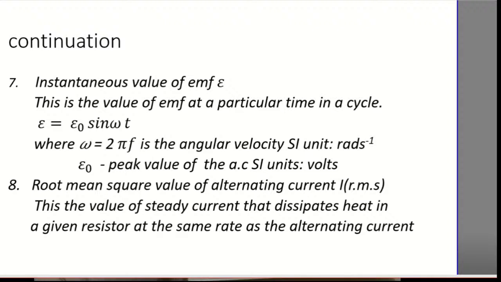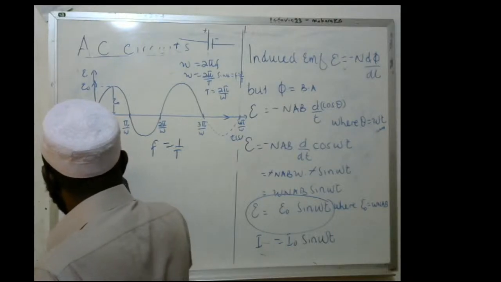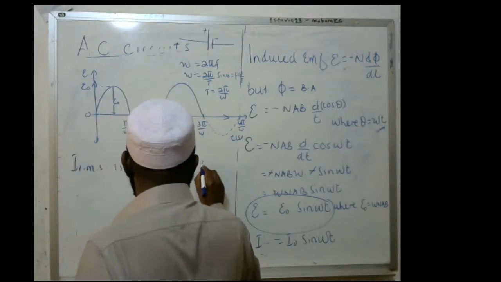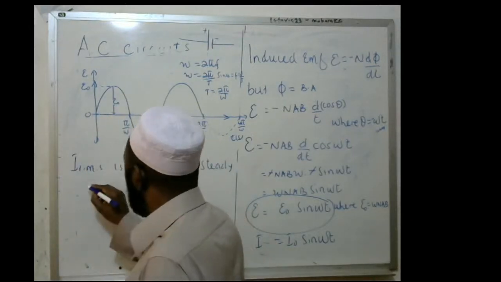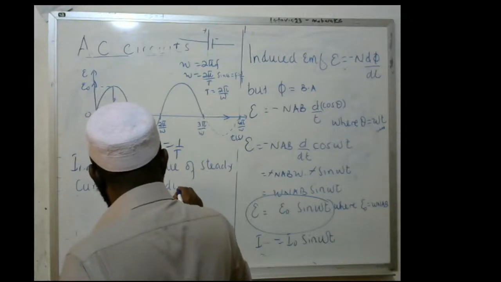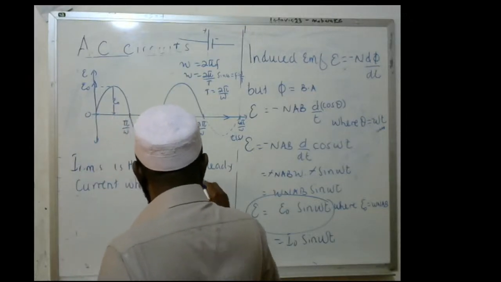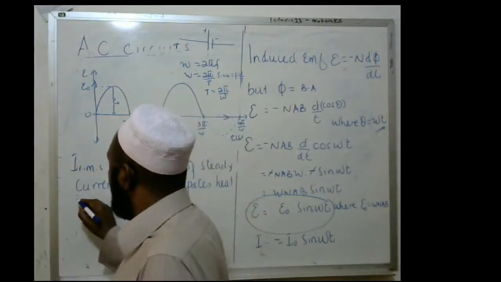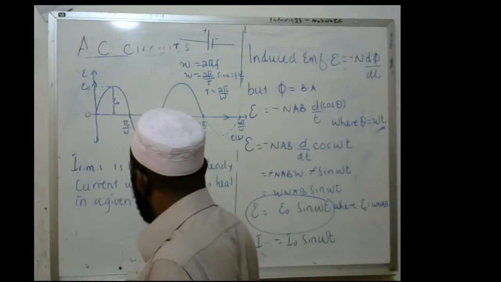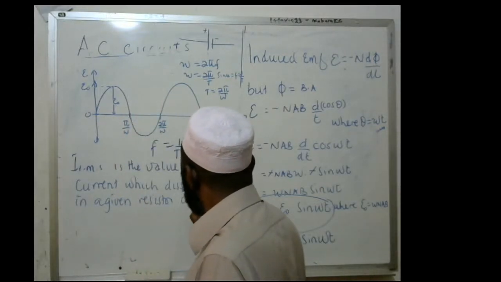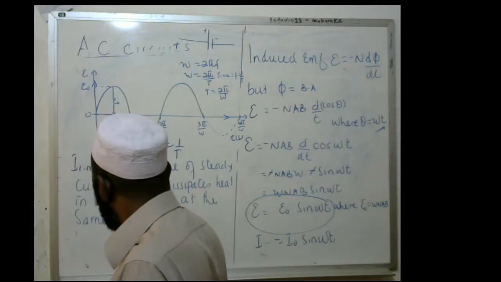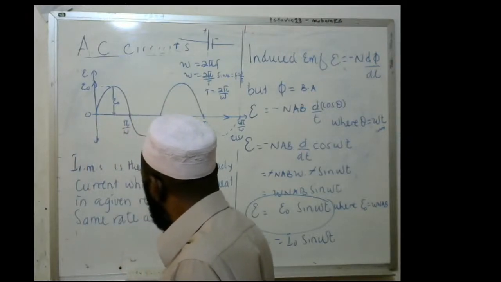We are saying root mean square value of alternating current is the value of steady current, which dissipates heat in a given resistor at the same rate as the alternating current.